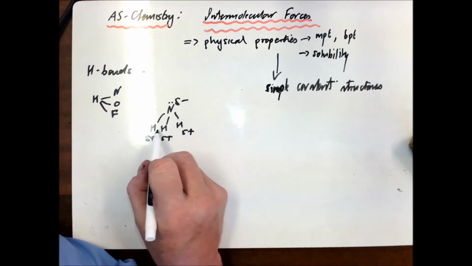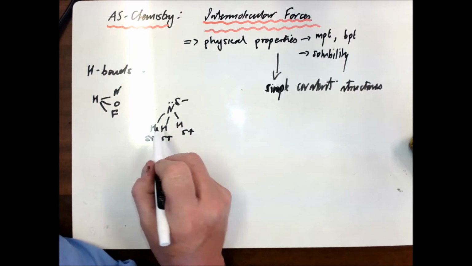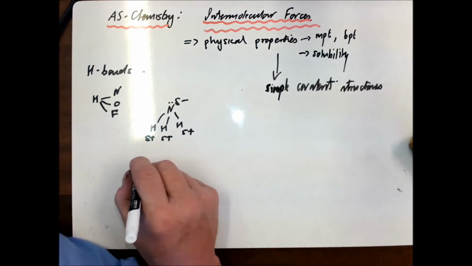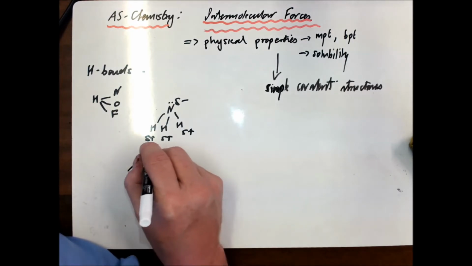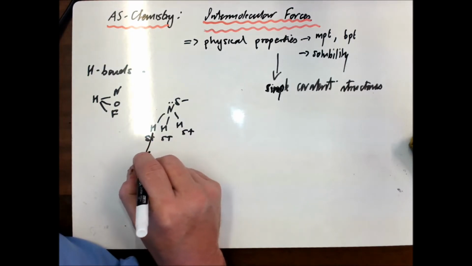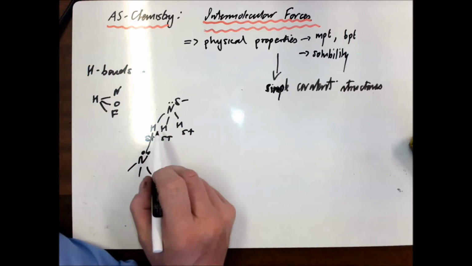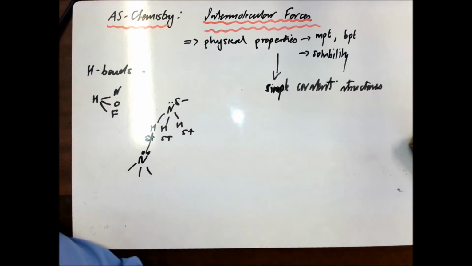But these ones can bond with lone pairs of another ammonia. So, for example, like so. But each ammonia only has 1 lone pair on it, whereas there are 3 hydrogens here. So you don't get that perfect hydrogen bonding setup in ammonia that you get in water.